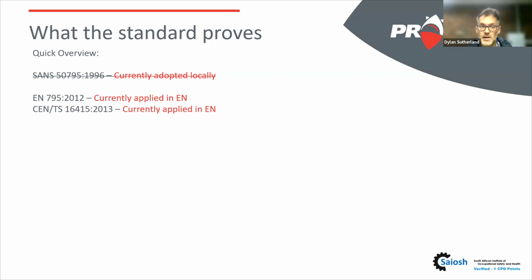We haven't updated our revision, and there were real reasons as to why, which are linked to this next piece, which is the technical standard TS 16415. What happened was, when the EN standard was updated in 2012, it went from multi-person use to a single-person use anchor point.